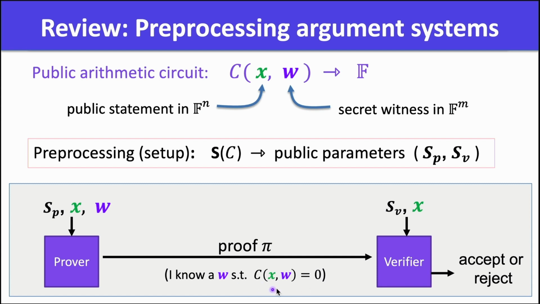That's just one example of a circuit C. If the hash of w is equal to x, the circuit will output 0, otherwise it will output non-zero. And again, the proof will convince the verifier that the prover knows a w such that the hash of w is equal to x. There are many other circuits one can consider, for example, circuits that might verify signatures and many other things that the prover might want to prove to the verifier.